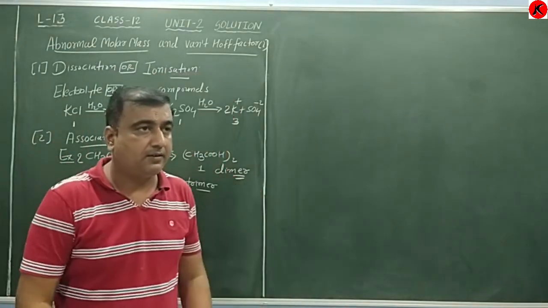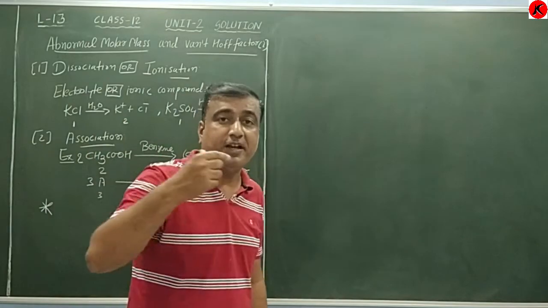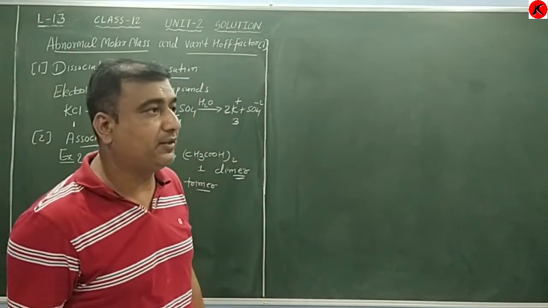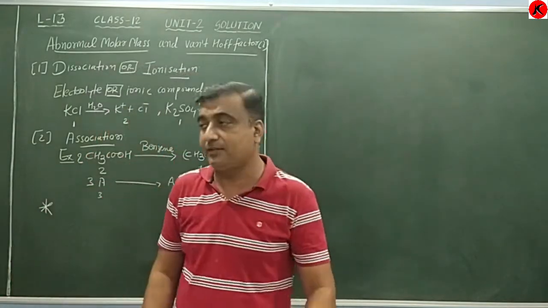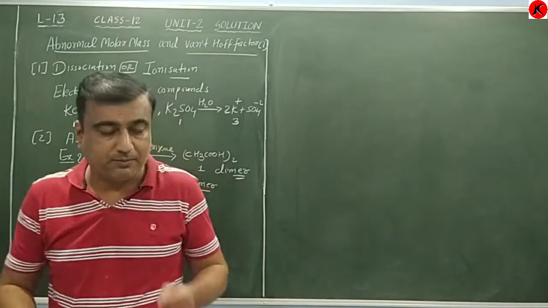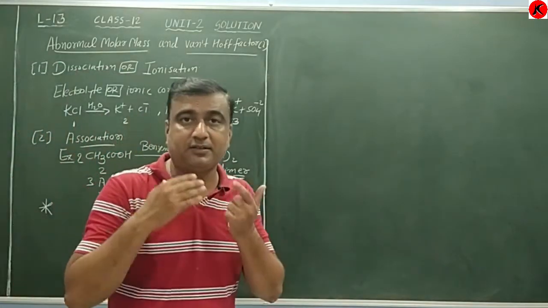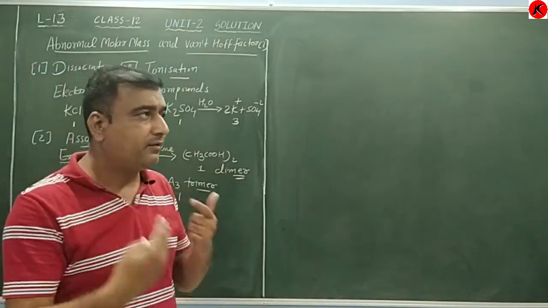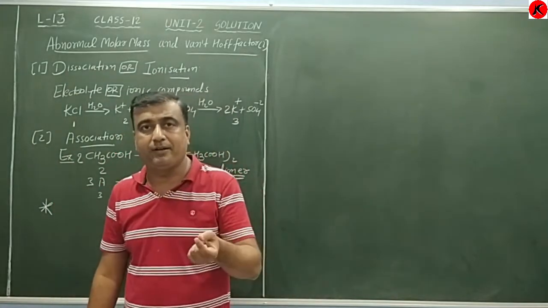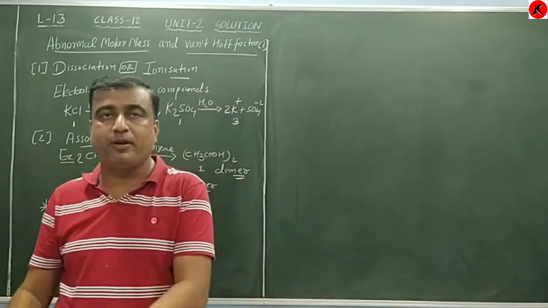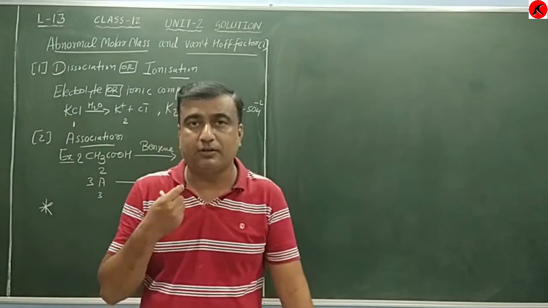That means if we are using colligative properties to calculate the molar mass of the solute, we have four colligative properties: elevation in boiling point, depression in freezing point, relative lowering of vapor pressure, and osmotic pressure.